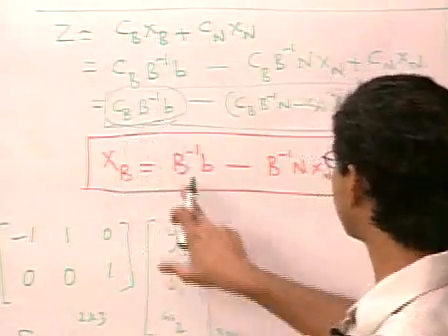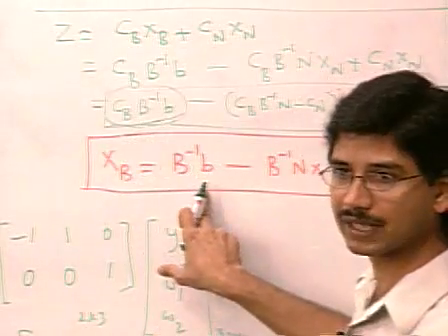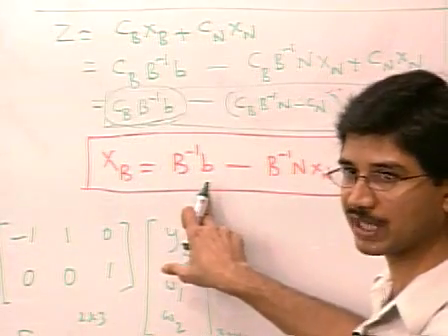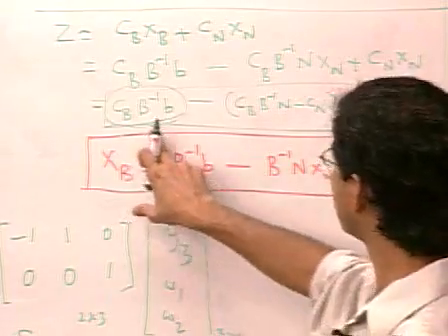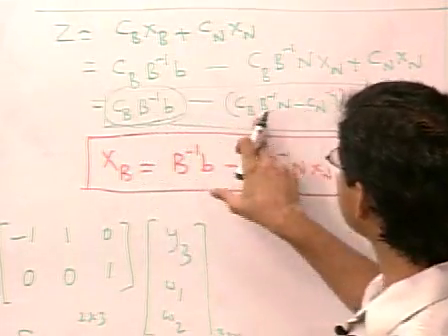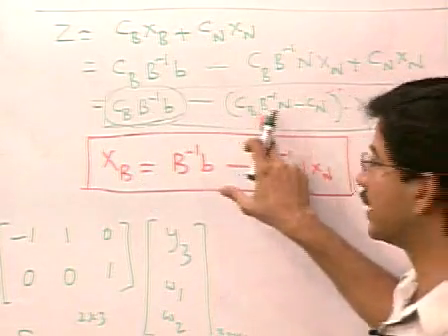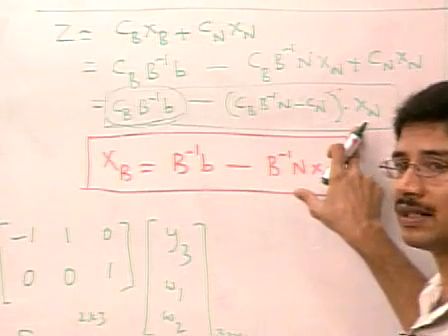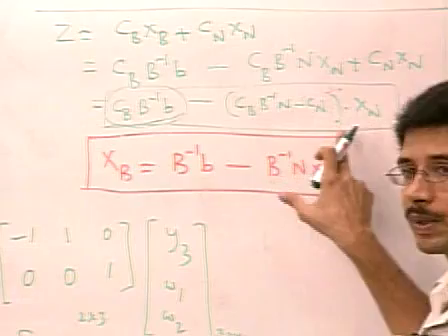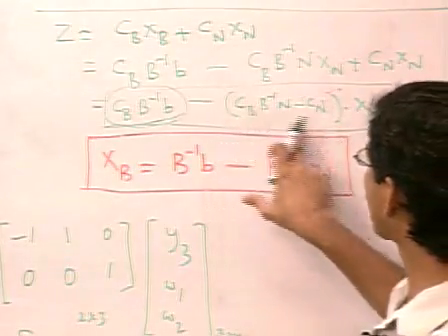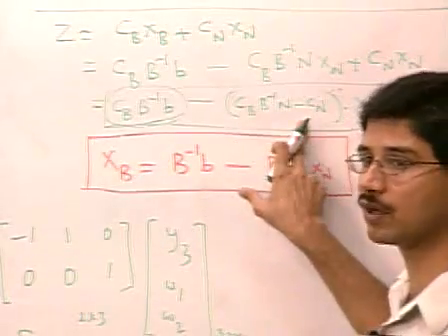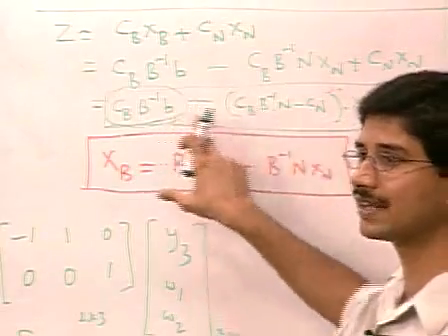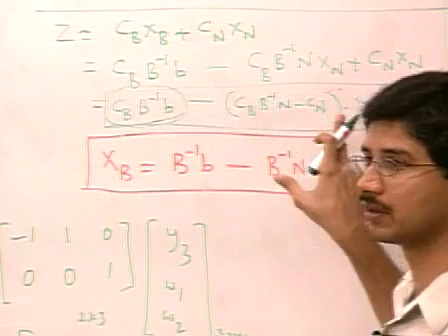Current solution is given by B inverse B. CBXB is going to be the objective value. Okay? Then these coefficients are going to be the coefficients of non-basic variables. And if you know that this is an optimal basis, then you know that this quantity inside the parenthesis is positive, so that you have a net negative coefficient everywhere.